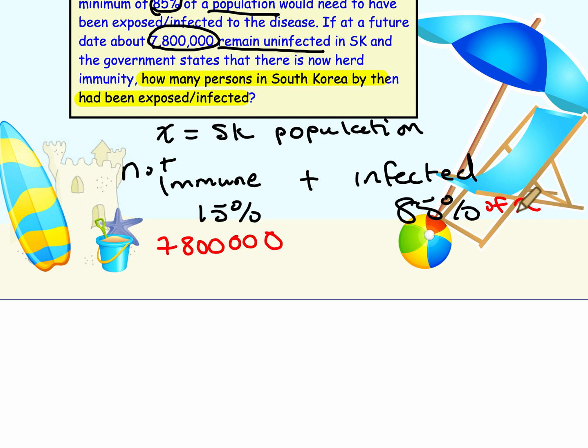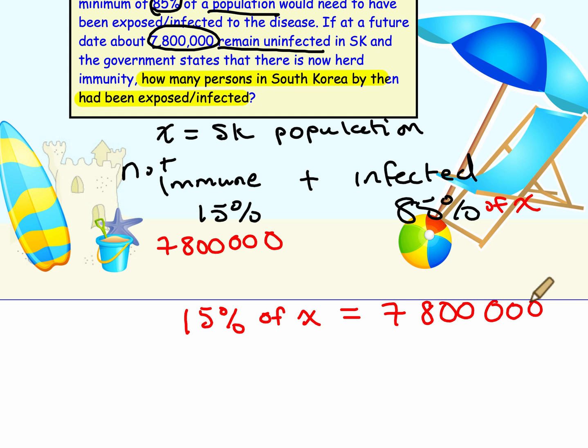Another way of thinking about it is that 15% of our population is going to be equal to 7,800,000 people, that not immune group. The people who remain uninfected are 15% of our population, so we can figure out our population by just looking at these people.